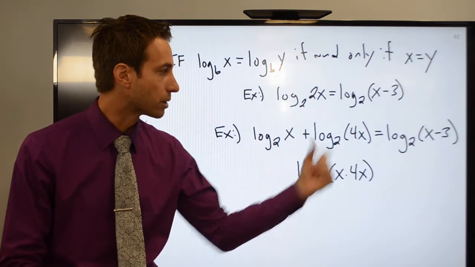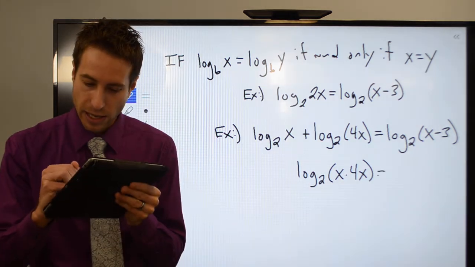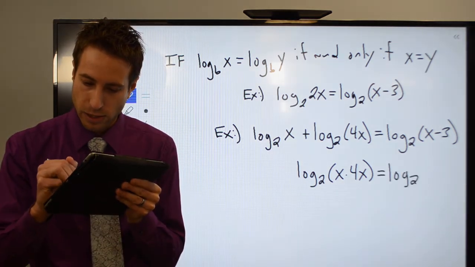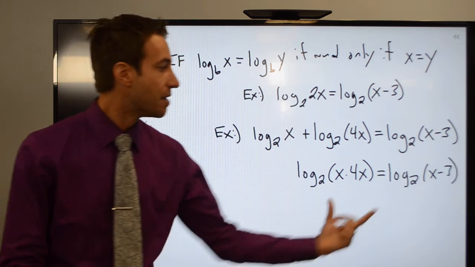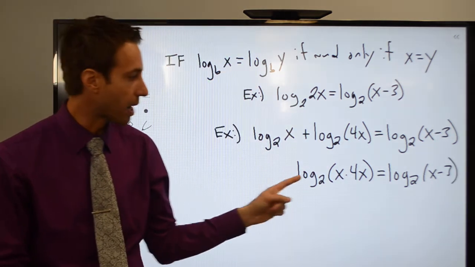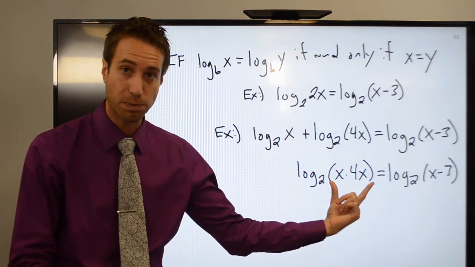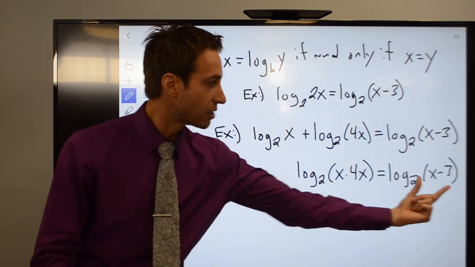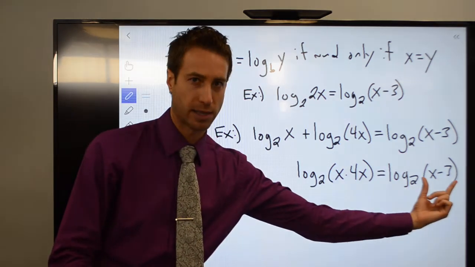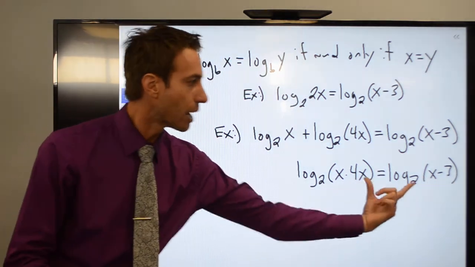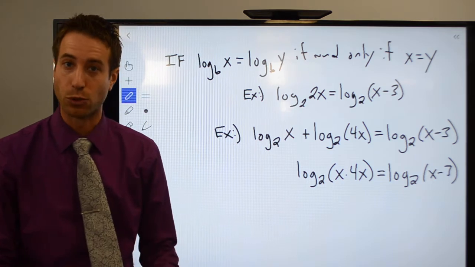I would just multiply those arguments together, equals the log base 2 of x minus 3, and just like that, now my property applies. I have log base 2 of this product equals log base 2 of that product. Sorry, product, it's a difference. All I have to do now is set my arguments equal to each other, right?